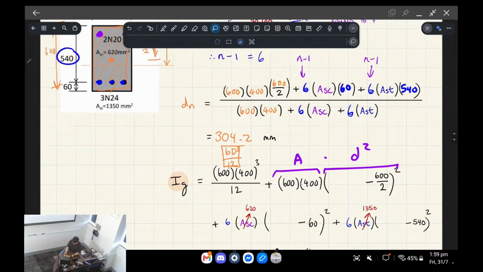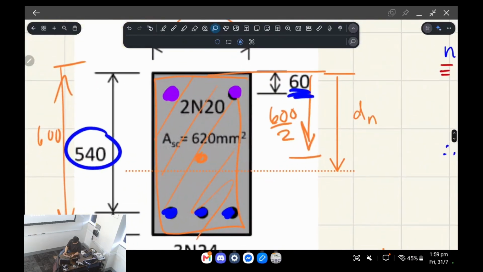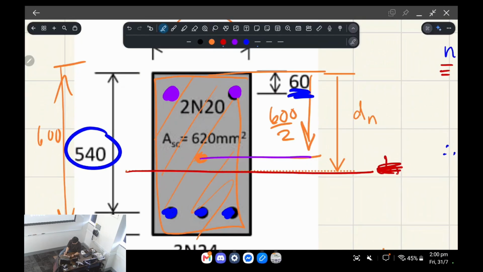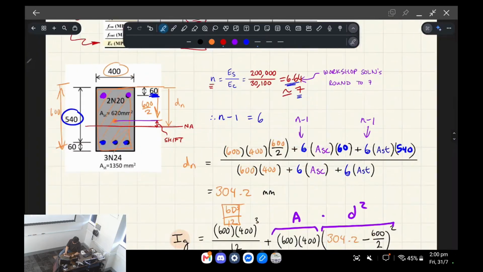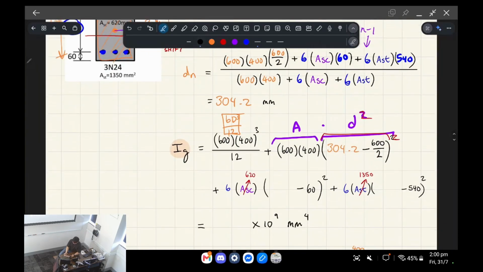The shift distance of the concrete is going to be the depth to the neutral axis subtract the depth to the middle of the concrete. In orange there, that's the depth to the middle of the concrete, and the neutral axis is roughly here. So NA, that's our shift distance. And that's the value in here, and we have to make sure we square it. Don't forget to square it. So that's the shift distance for the concrete.